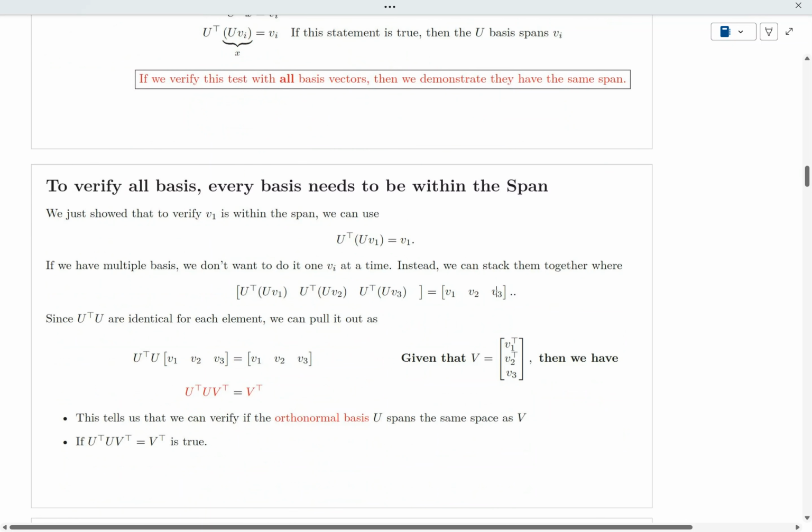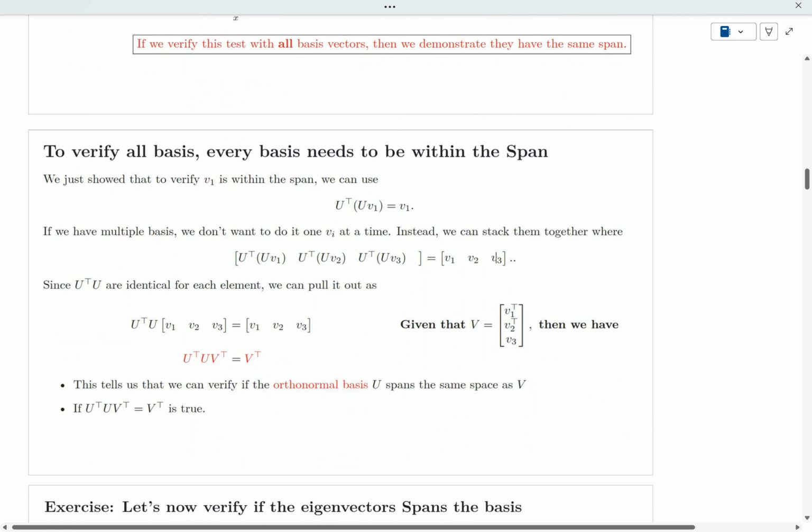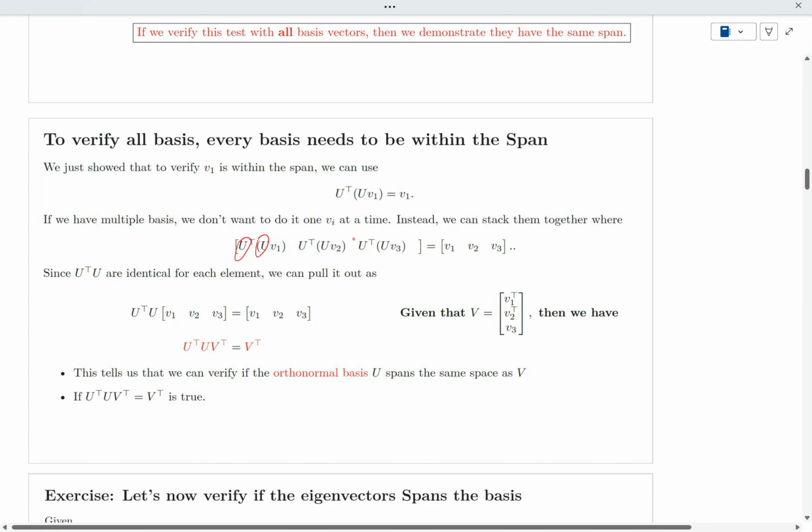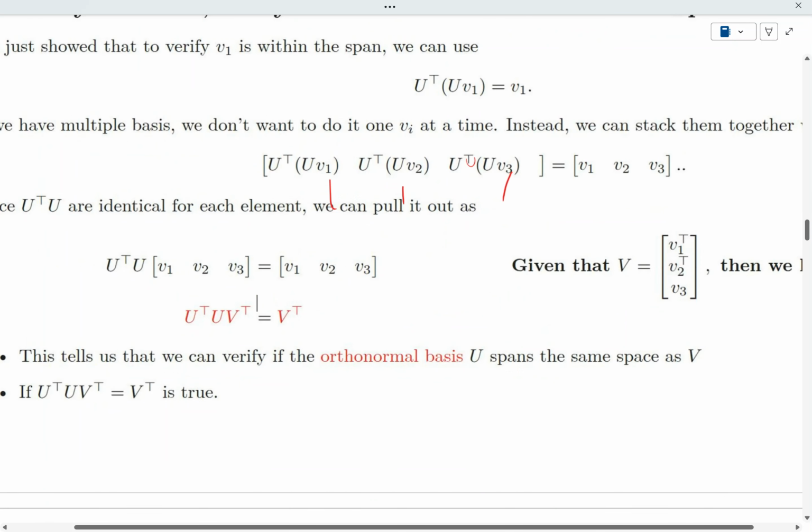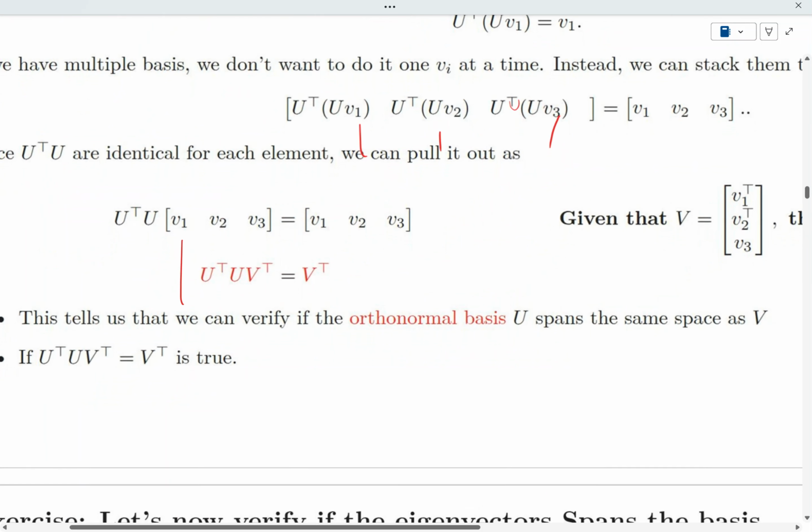And we can further simplify this. U transpose U can be pulled out. So I pull out U transpose U. And then V1, V2, V3 end up being stacked together as a matrix, equal to V1, V2, V3. So this right here gives us the final relationship.